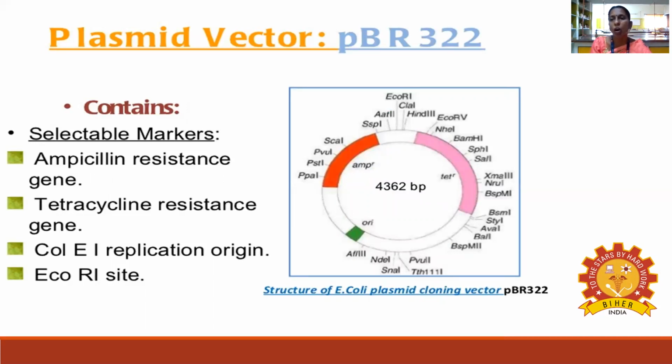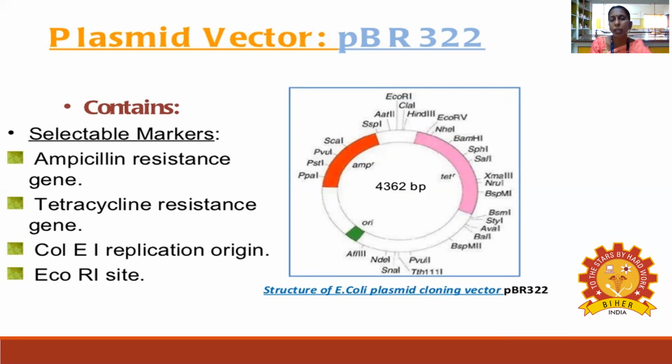So I am going to talk about one common vector, called pBR322. P represents the plasmid, B represents Bolivar, R represents Rodriguez, and 322 is the number. The size is 4,362 base pairs.